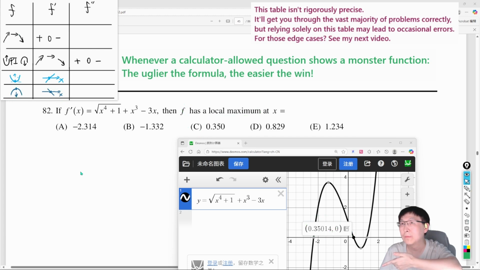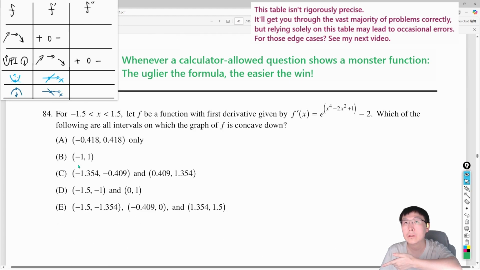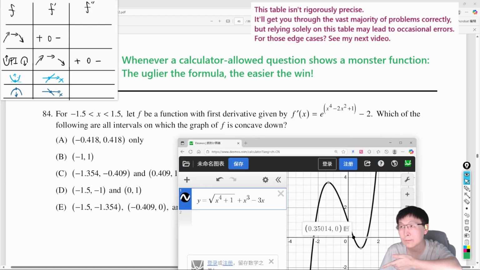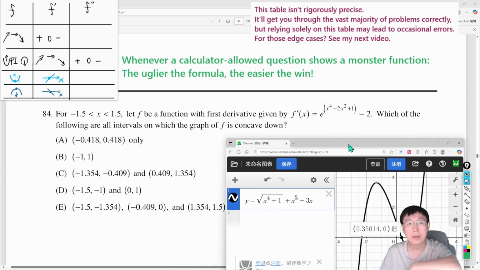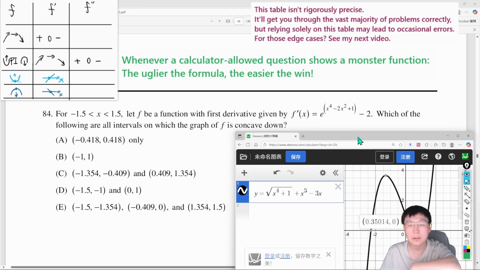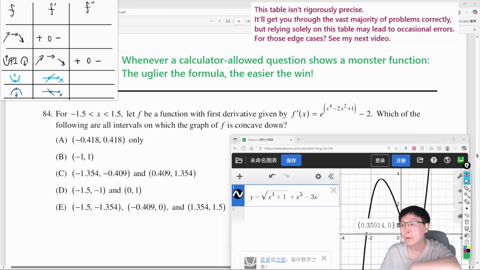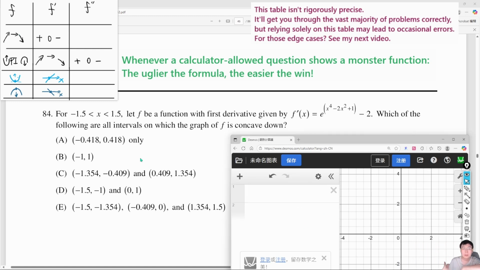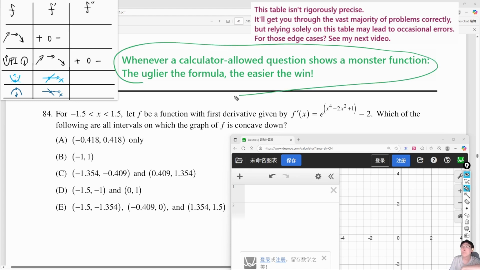At last, question 84 has a similar setting. I'll shrink myself. This time, we have the function, and the function is not typical at all. That's why this question must be very easy. We have the formula, so we have the graph.